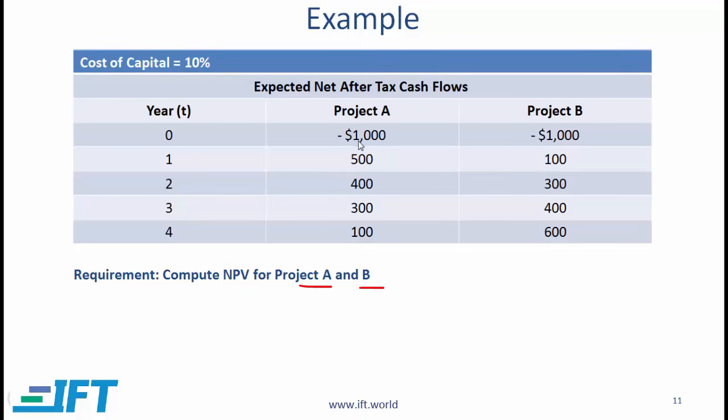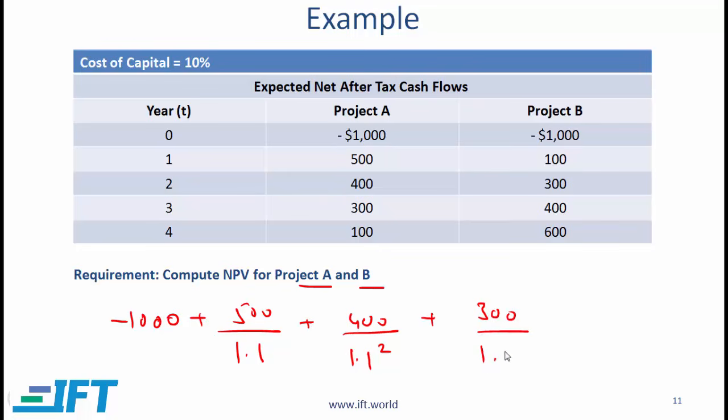The initial cost is 1000, so you say minus 1000 plus 500 divided by 1.1 because 10% is the discount rate, so you do 1 plus 10%, which is 0.1, plus 400 divided by 1.1 squared plus 300 divided by 1.1 cubed plus 100 divided by 1.1 to the power of 4.